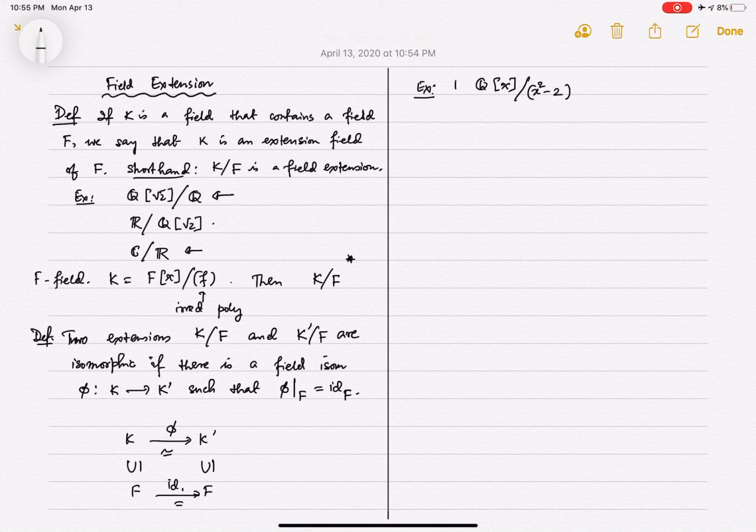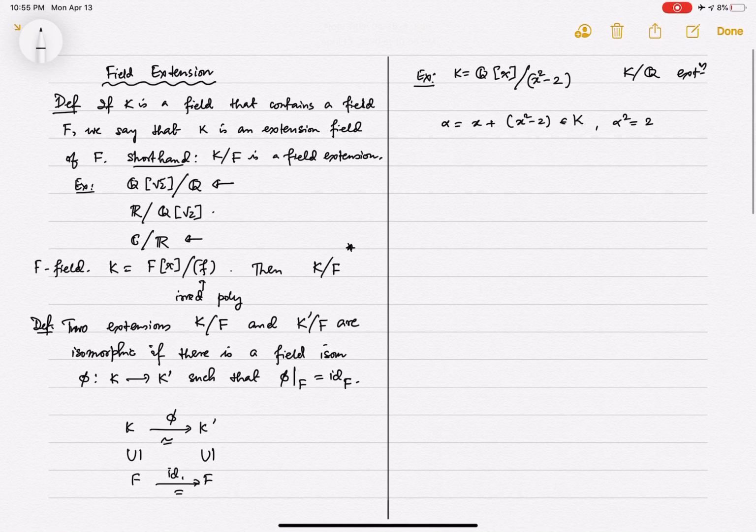This is a field that is an extension, and if you take alpha to be the image of x in K, the coset of x, then alpha squared is 2, after you have identified Q inside K.